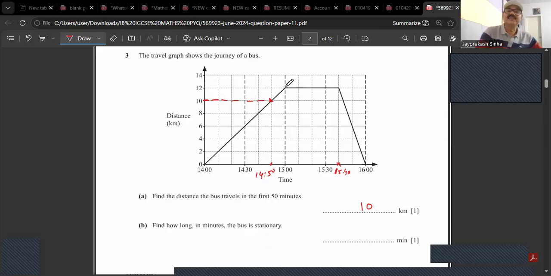From 15 to 15:40, the bus is stationary, because the distance is not changing. So our answer will be 40 minutes.